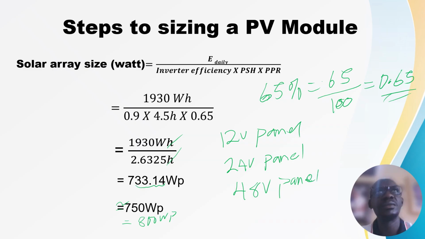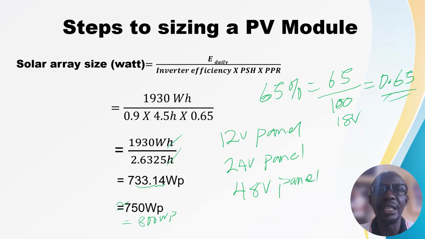So 12-volt panel, usually, if you have like 18 volts, it can charge your system. Are you getting it? 12-volt panel, usually, you will see their VOC. By the time we go ahead, you will understand what I mean by VOC, VIMP, IMP.